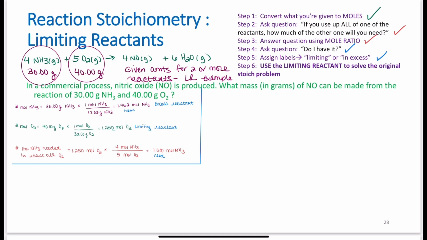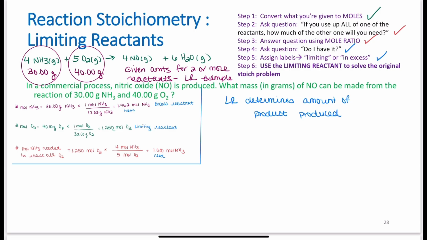Now that we've determined the limiting reactant, we have to figure out what the original question was because I don't remember anymore. What mass in grams of NO can be produced from this reaction? Okay, your limiting reactant determines the amount of product produced because it runs out first.